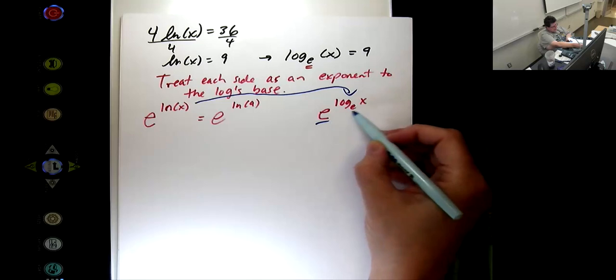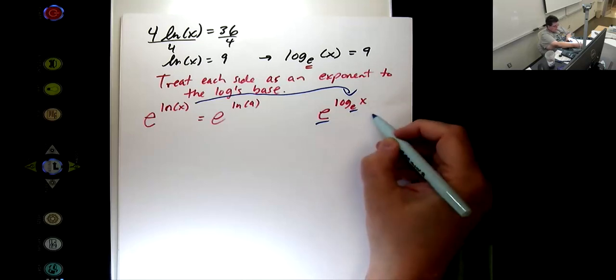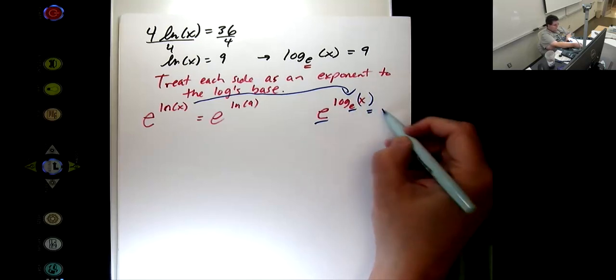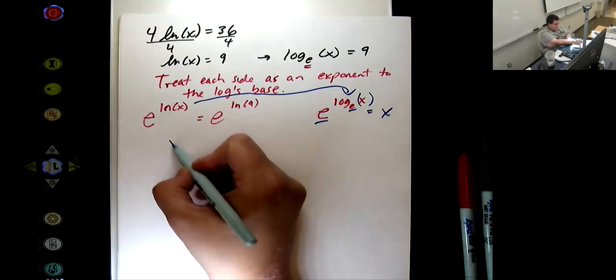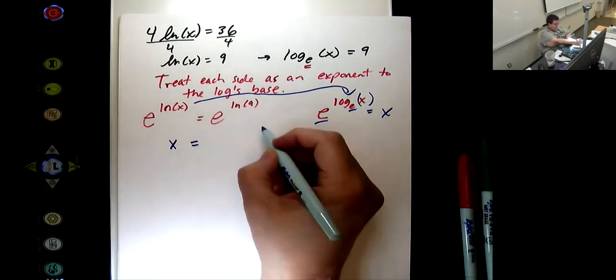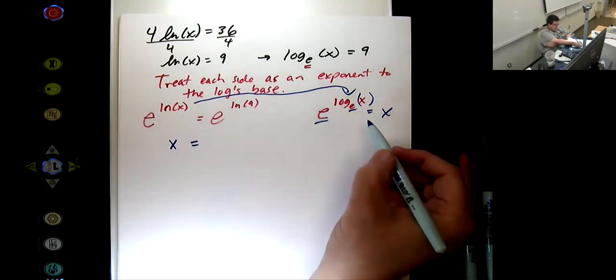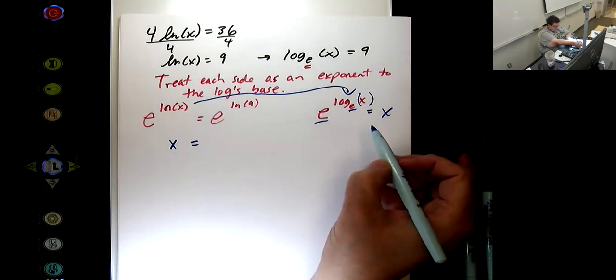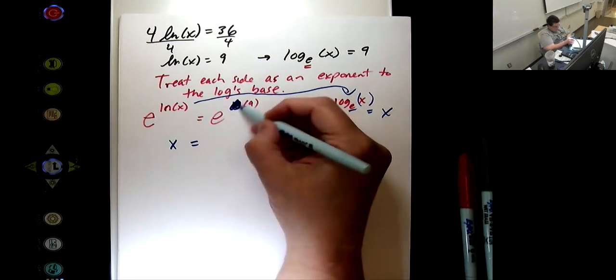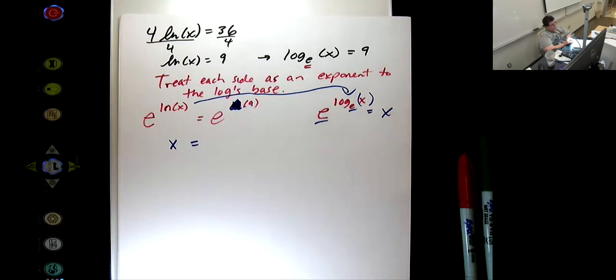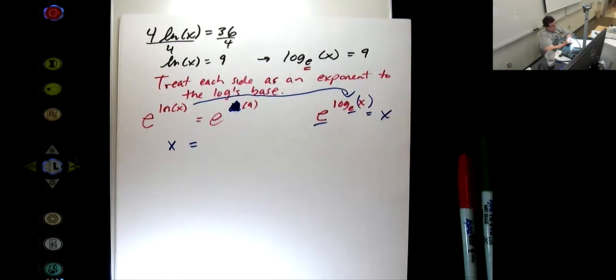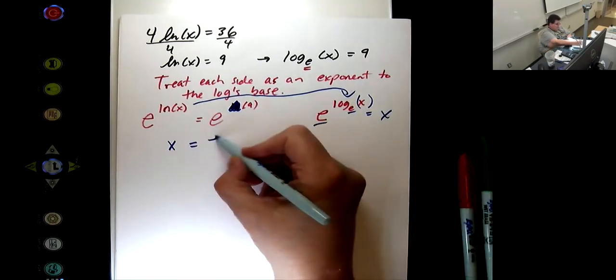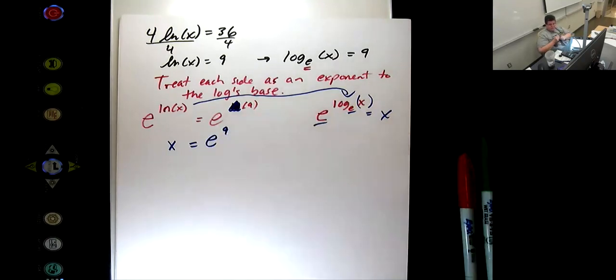When that matches that, this just equals the argument. So this whole thing is going to condense down to x. I just had a 9 over there. So this is x equals e to the 9th power, which is a really big number.